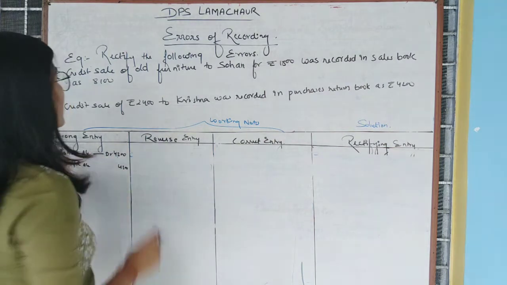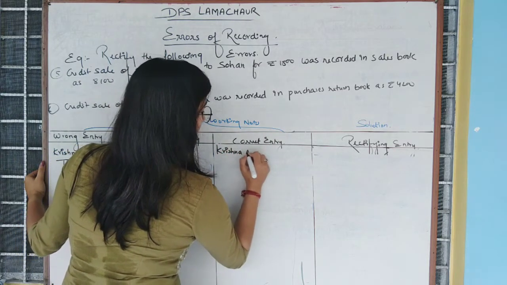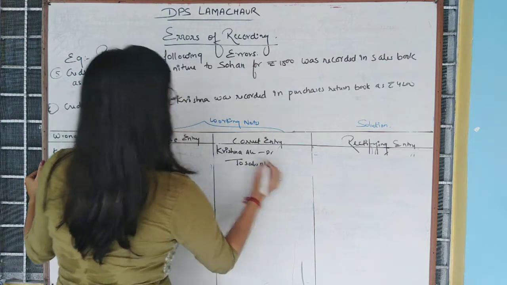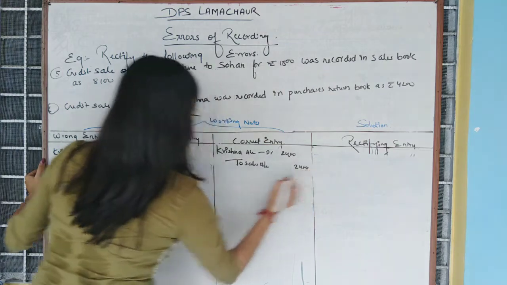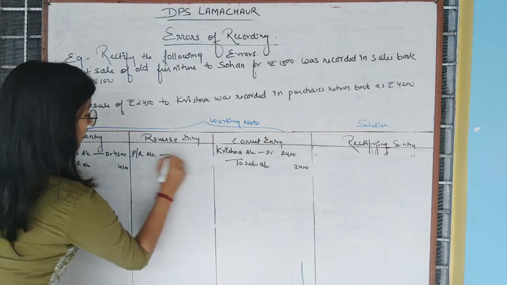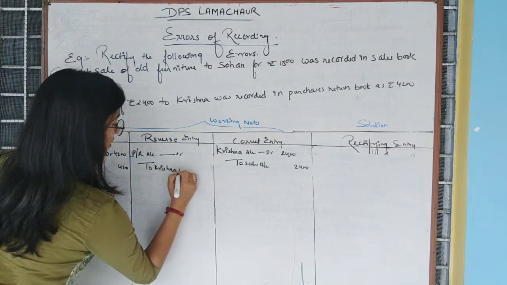Correct entry will be credit sales to Krishna. So Krishna account debit to sales account. Amount is 2400. Reverse entry for this wrong entry will be purchases return account debit to Krishna account.